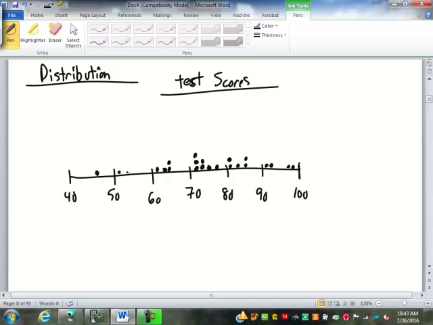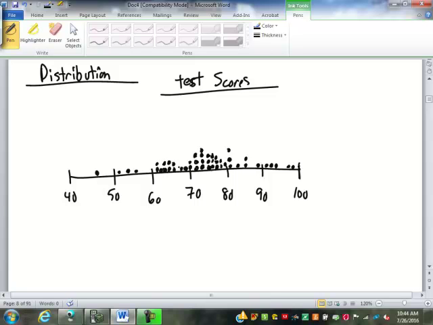Let's say I get a 51 the next semester, a 53, 68, 69, a 70, a 73, 75, 76, 89, 93, 81, 80, 79, 78. And I keep filling in these dots. Every time I give it, I just keep adding those results to my graph.